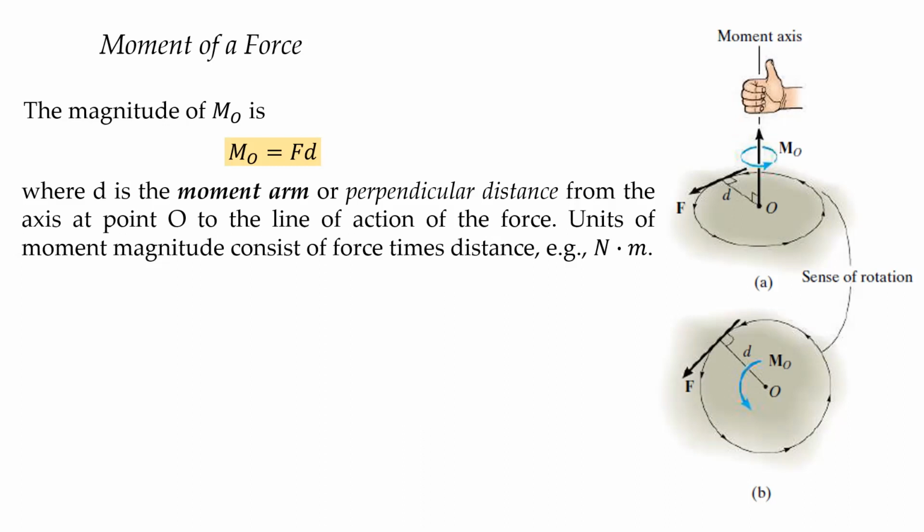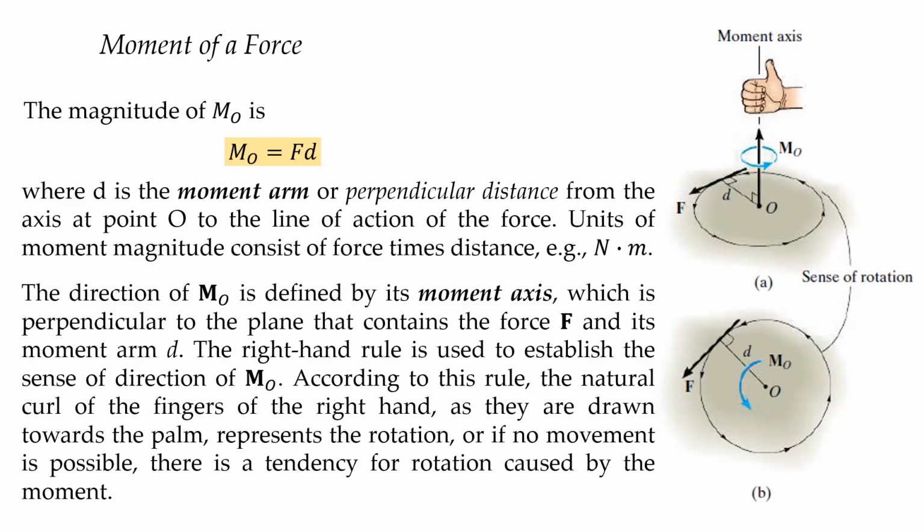However, in our English system, if your given distance is in inches, you don't have to convert that to feet. So you report your answer in pound inch. And if your given distance is in feet, then you don't have to convert it back to inches. You just report your answer in pound foot.